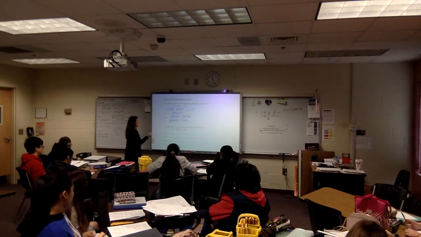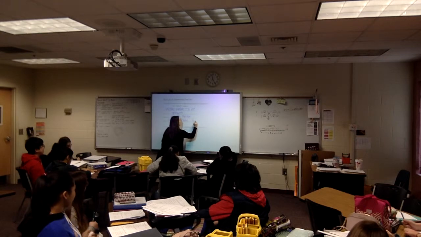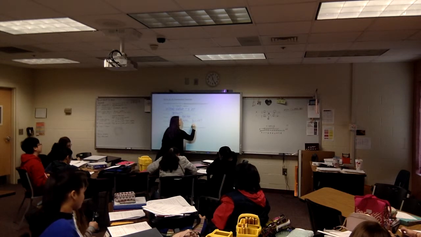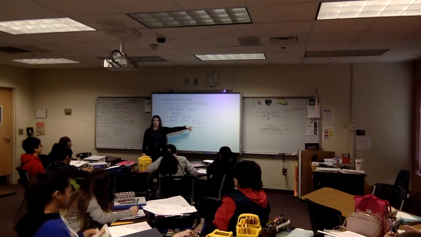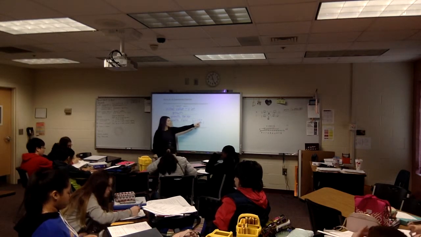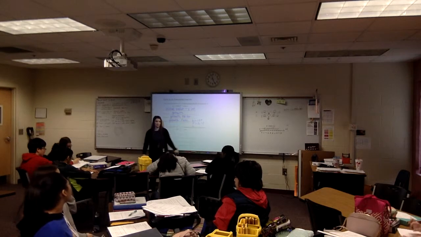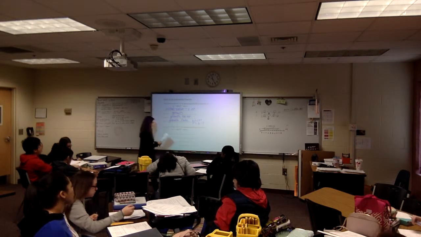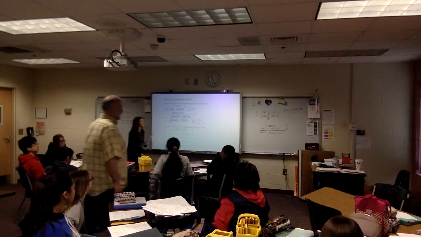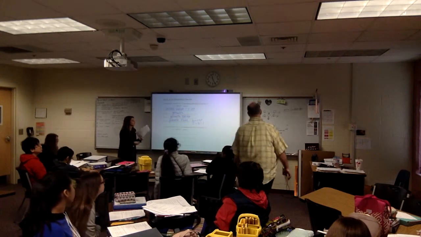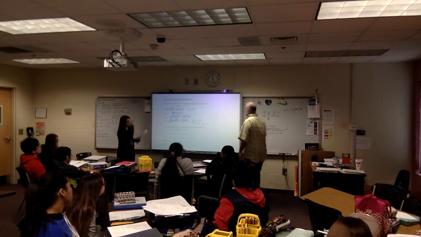B equals 1 plus R, so R equals B minus 1. That puts it in rate form. This is just manipulating the equation. How could we remember the R? I want you to think about it, because we can tie it back to percent.